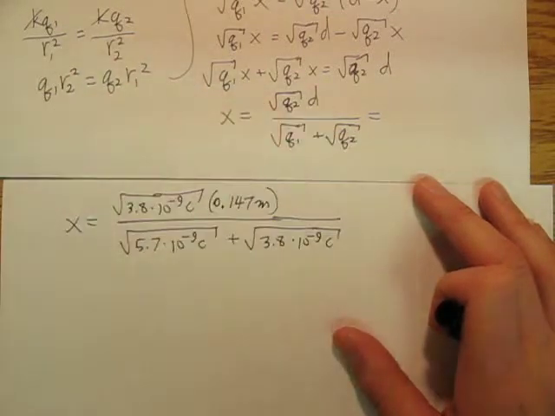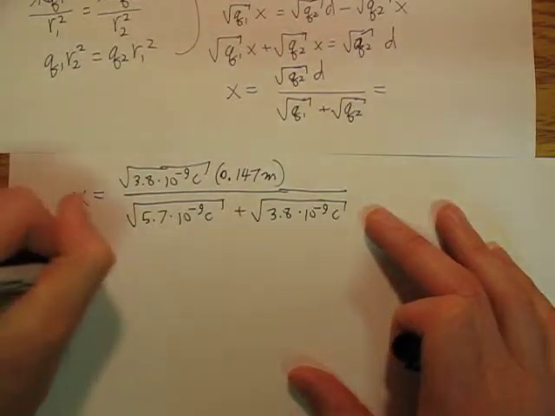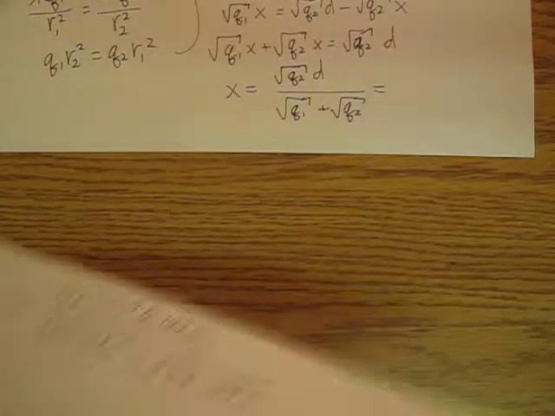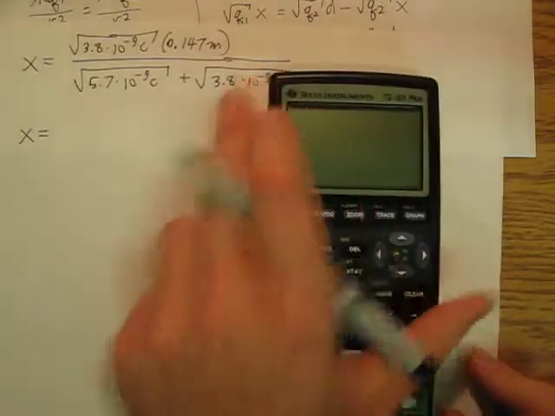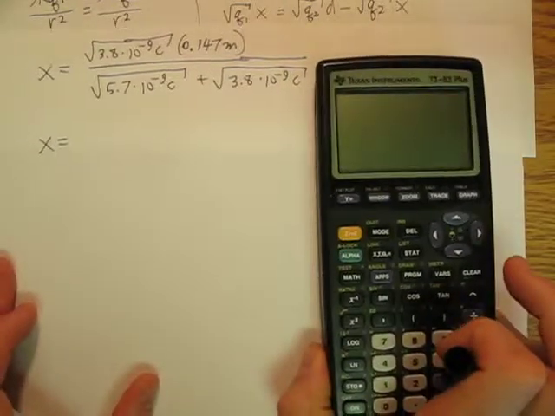And again, now I'm going to crank out all of this on my calculator in one shot, all on one line, which is what I want you guys to do.